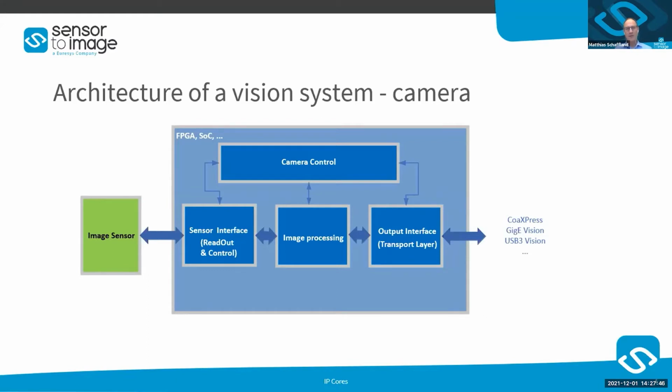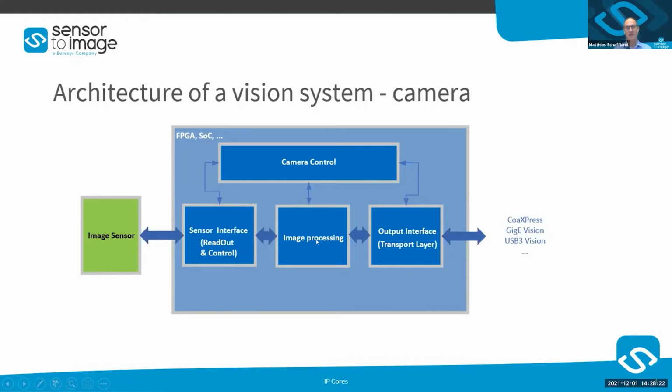First, a typical architecture of a camera system. It looks like that here on a very high level. We have, of course, an image sensor of different types, MIPI or something else. Then we have a processing part. This could be an FPGA, an SoC, or a CPU system. So this is independent so far. Within this processing part, we have a sensor interface, so we need an interface to the sensor to read out and control the sensor.